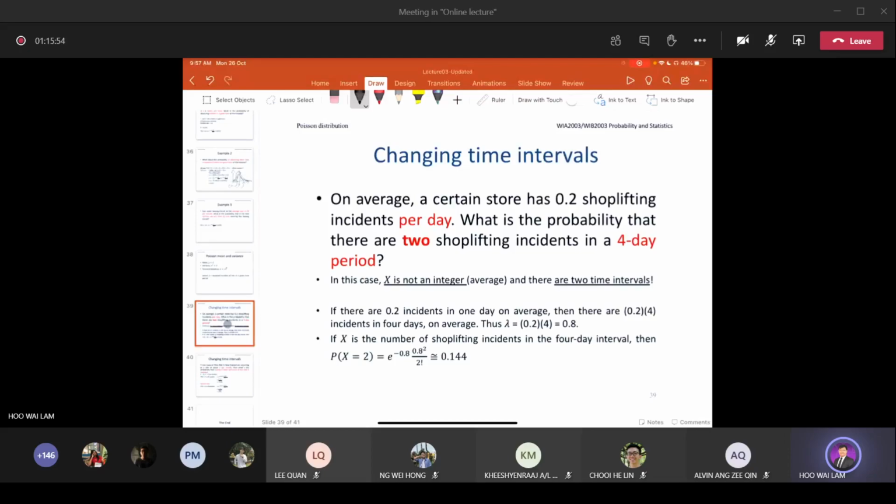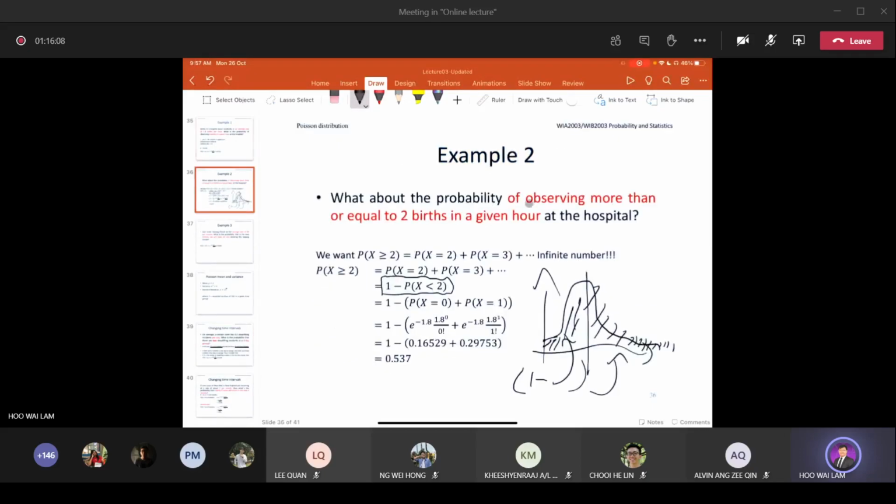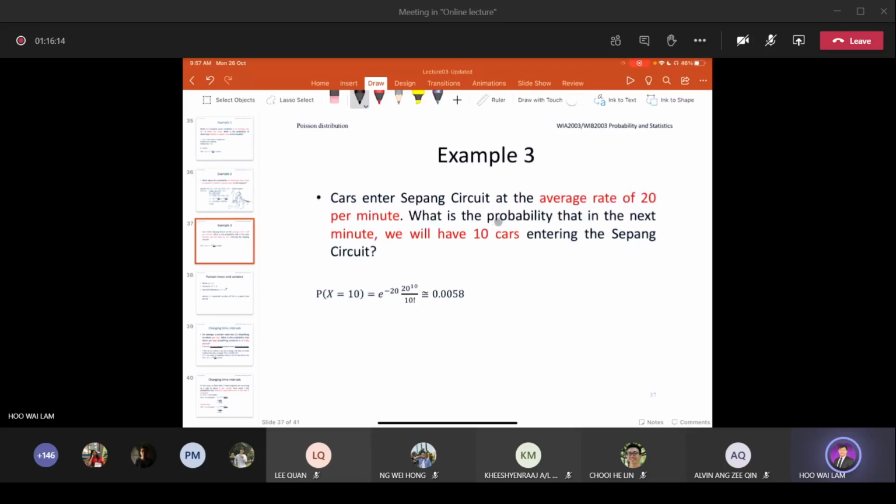Okay, the key challenge in problems on Poisson distribution is changing time intervals. If you notice, just now we were discussing example 1, per hour, given hour, same time interval. This one is almost the same.